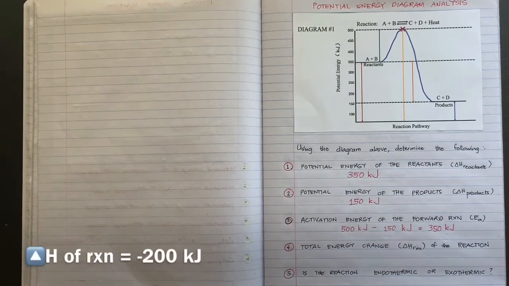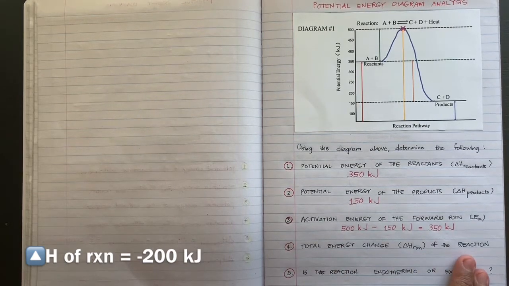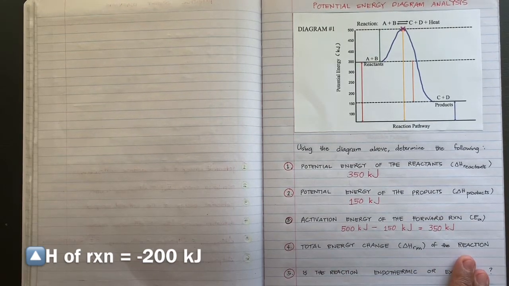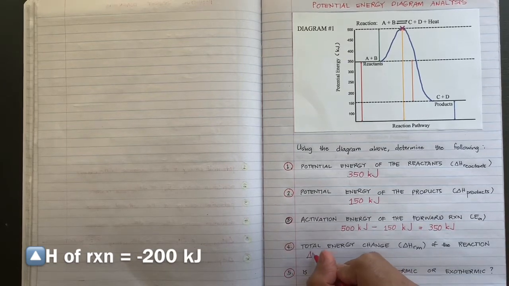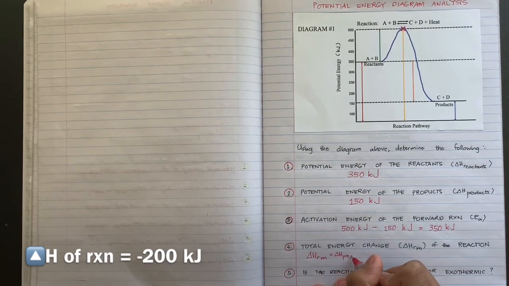Number 4, what's the total energy change of the forward reaction? Remember, the formula for the delta H of the reaction is always delta H of the products minus the delta H of your reactants.